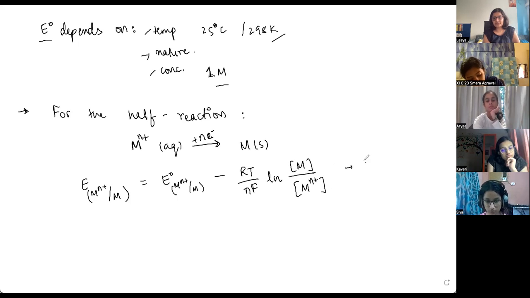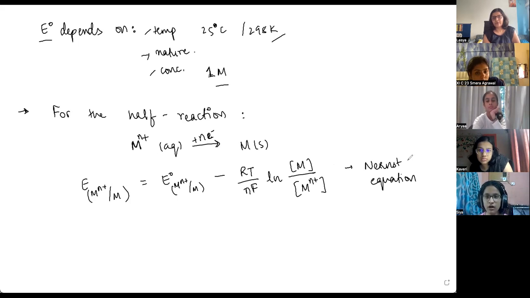So this is the Nernst equation. What is M n plus? M is any metal, just with charge n plus, like Mg2 plus, Na plus.